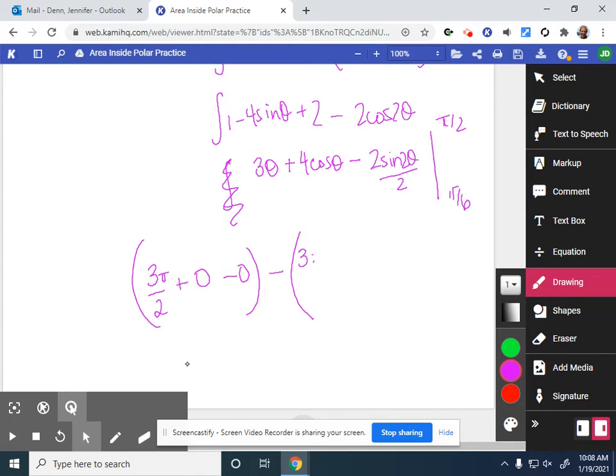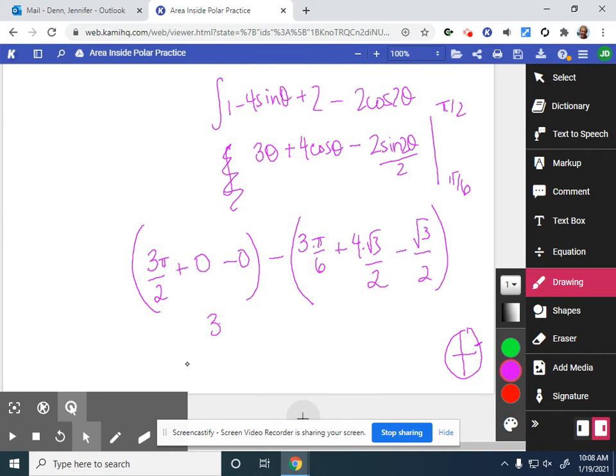So 3 times pi over 6 plus 4 times the cosine of pi over 6, this is going to be 4 times root 3 over 2 minus 2's cancel, sine of 2 times pi over 6. So really that's the sine of pi over 3. So minus root 3 over 2.